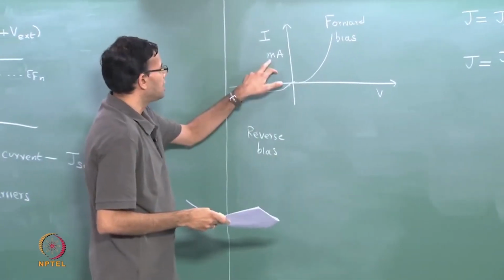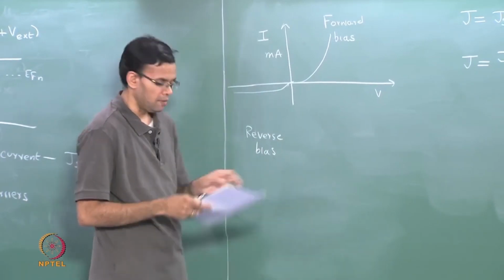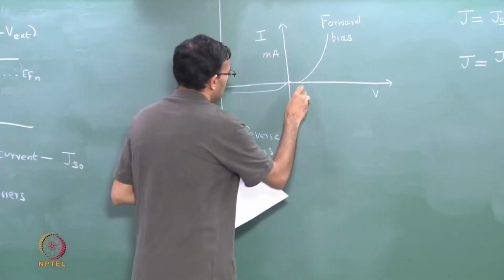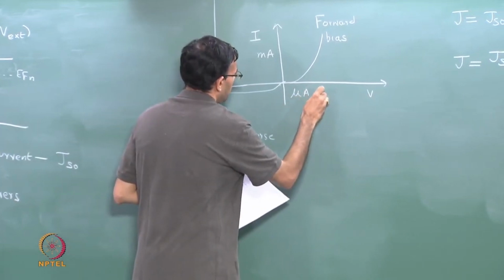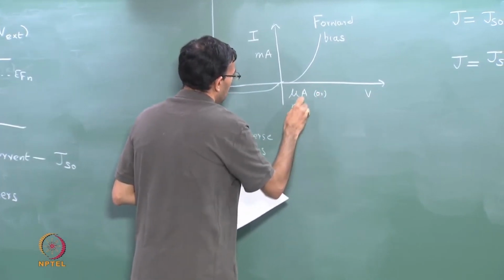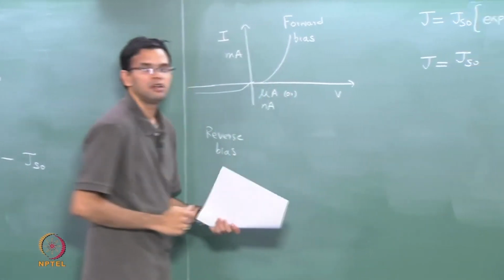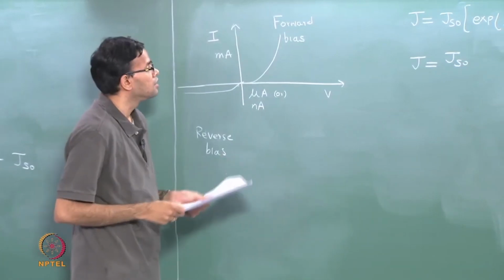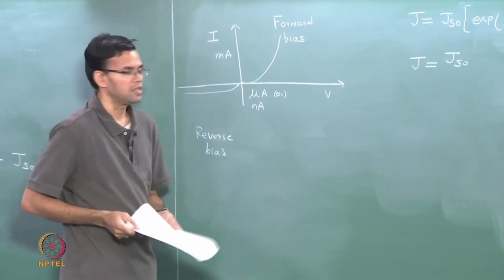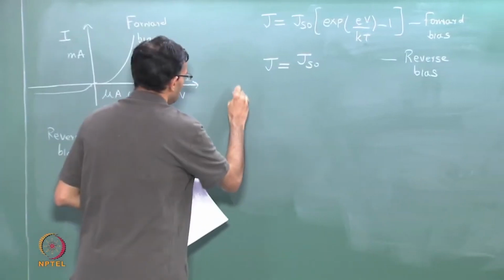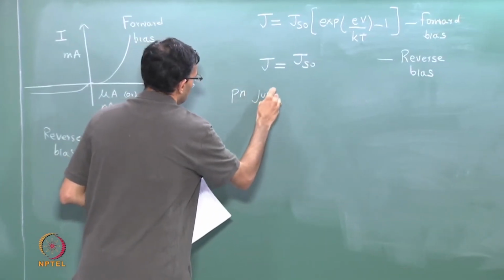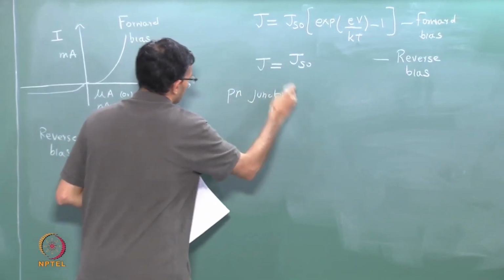The forward bias current is of the order of milliamps, the reverse bias current is either microamps or nanoamps. It is much smaller than the forward bias. So based on this, you can say that a PN junction is just a rectifier.